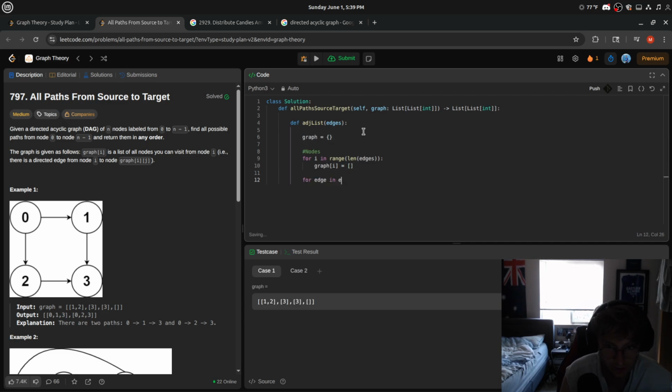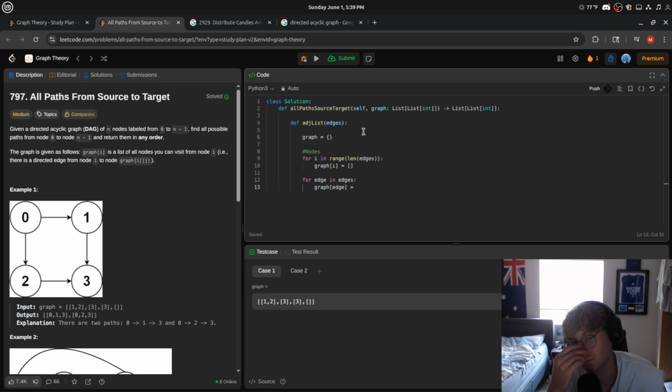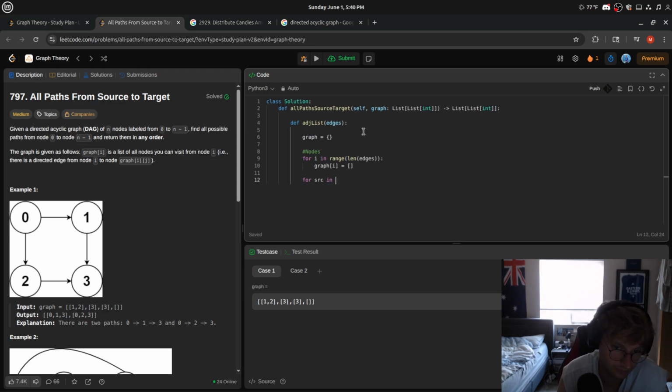Then we do, okay, for edge in edges, graph[source].append(edge).